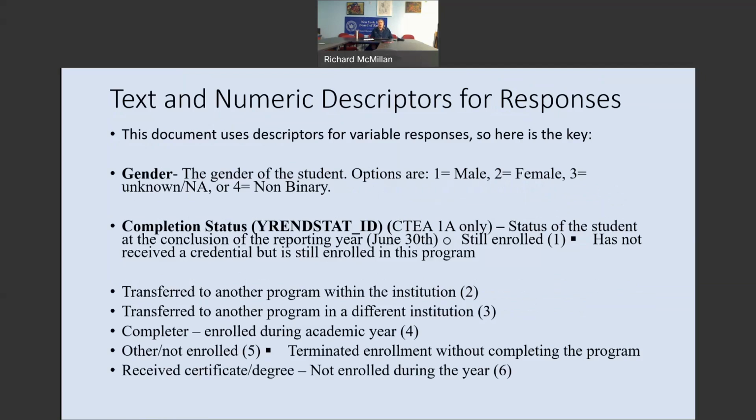Completion status, and this would be for CTEA 1 only.